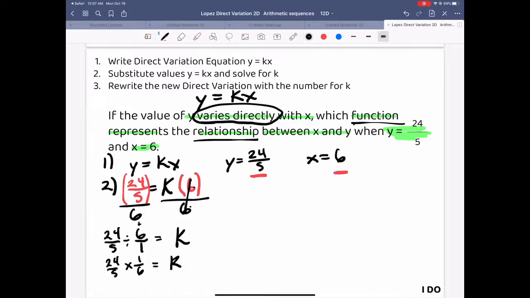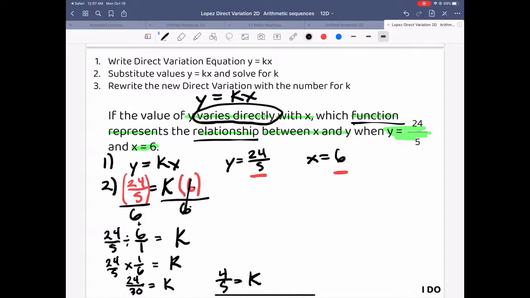So 24 times 1 is 24. 5 times 6 gives me 30, which is equal to k. Now I'm going to simplify that, which gives me 4 over 5 is equal to k.